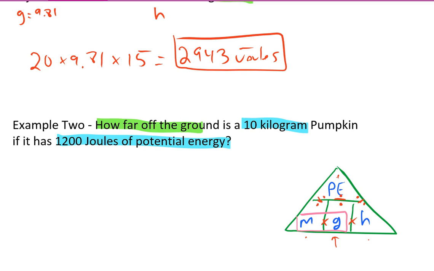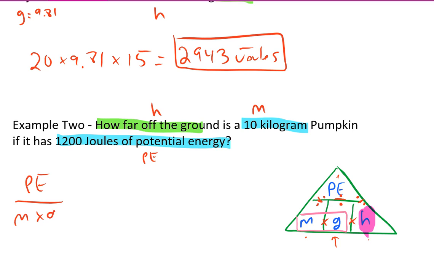Okay, so right off the bat, we know we're trying to find how far off the ground. That is our height. 10 kilograms is our mass, and we have 1,200 joules of potential energy. Okay, so on this one, it's asking for the height. So to solve the problem, we need to do our potential energy divided by our mass times our gravity.